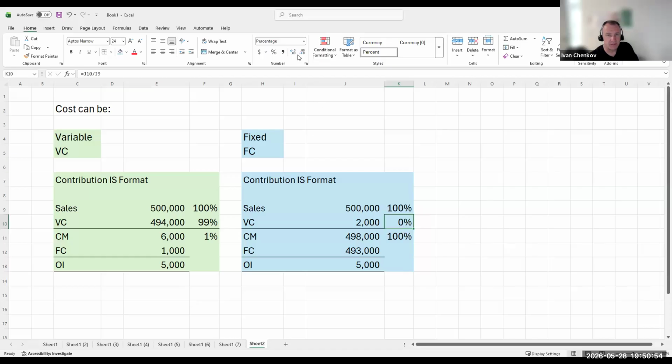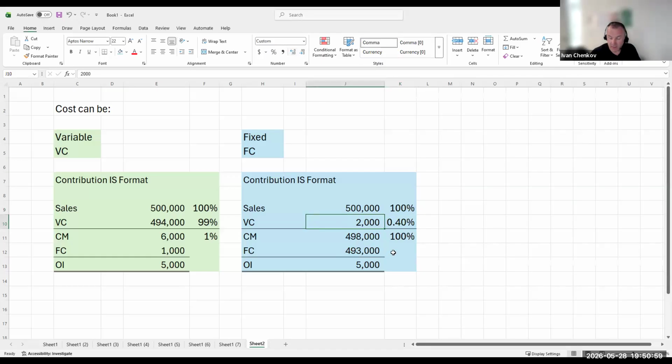It doesn't even register a percentage here. Let's give that a little bit higher now, 5,000. So as you can see here, the variable cost is only 1% of the sales. The rest is contribution margin.